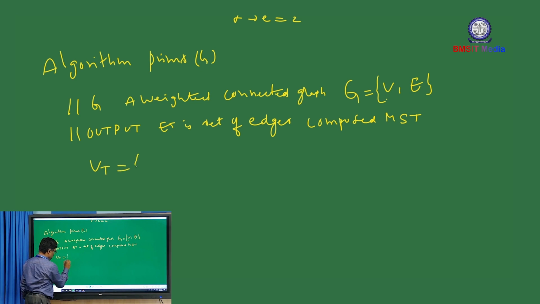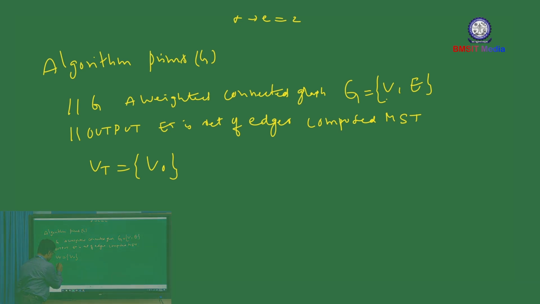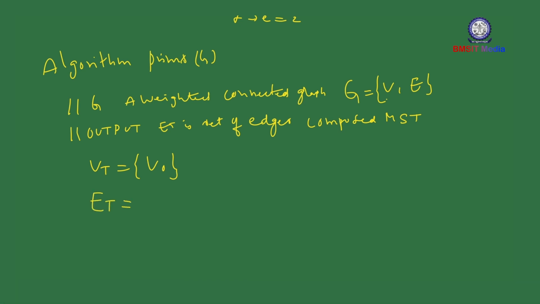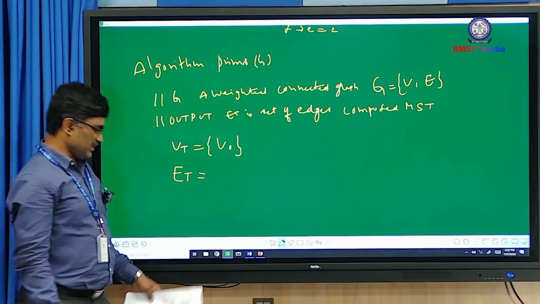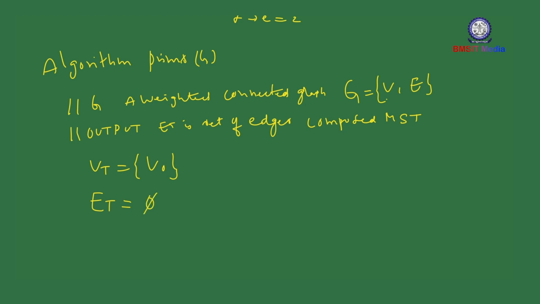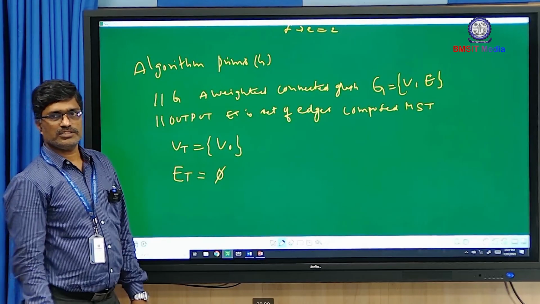I already told you that you have to start from the first node, so the first node is V0. Next we have to take E of T. This is nothing but the edges. We have not drawn any edges initially, so that will be taken as empty, which we can write as phi or 0.